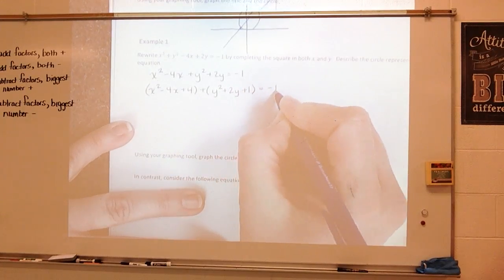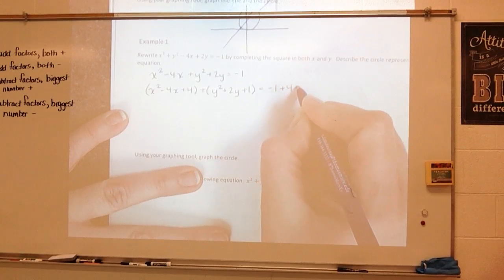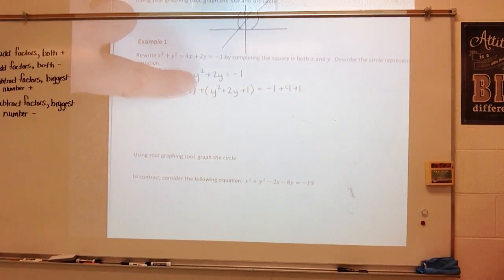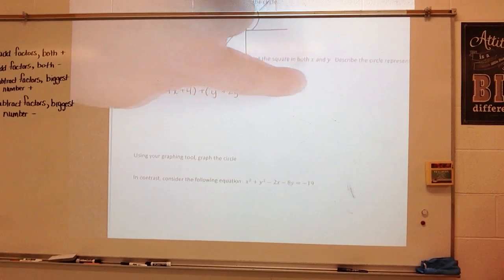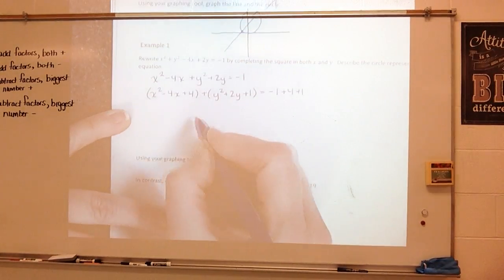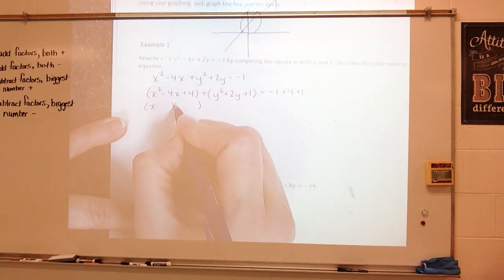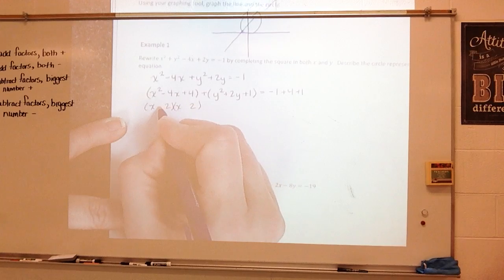But because I do it to one side, remember we have to do it to both sides. So I'm going to have to add that 4 to this side and add that 1 to that side. Alright, so then this is what we get. When I factor this, I get x and x, 2 and 2.